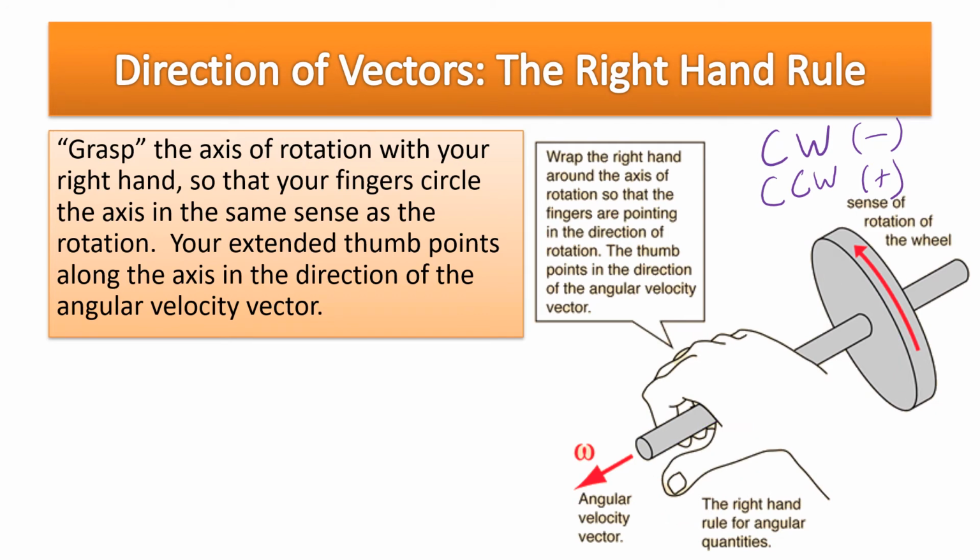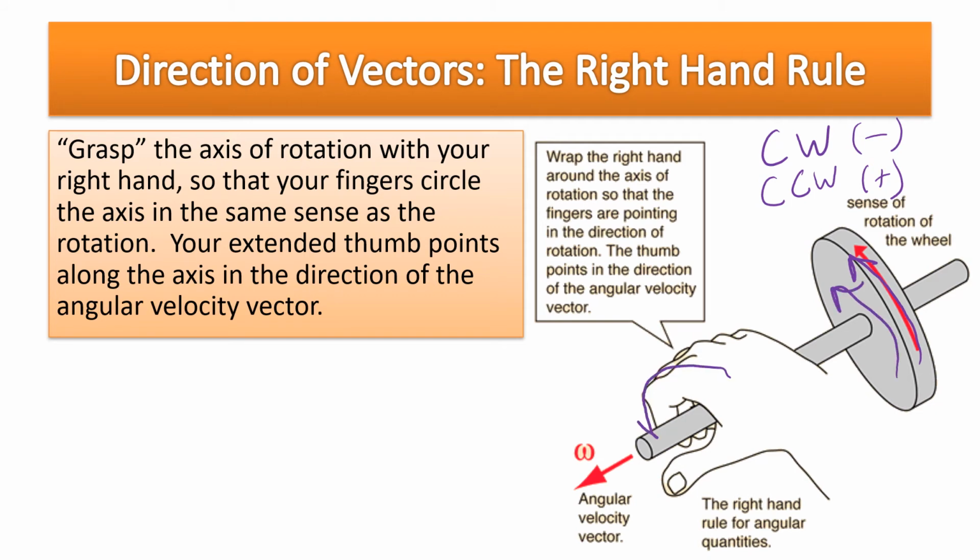So here's the rule. And it's important, you have to use your right hand. You cannot use your left hand for this because it'll point in the opposite direction. The convention is for the right hand. So you grasp the axis of rotation with your right hand so that your fingers circle the axis in the same sense as the rotation. So this is the sense of rotation of the wheel, and you're going to curl your fingers around. See how they're pointing in the same direction?